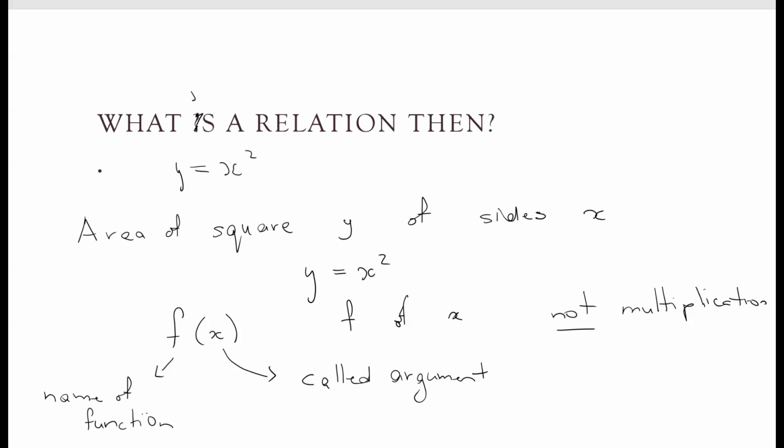Right, let's have a look at the argument in a little bit more detail. Okay, so we've got y equals x squared, or f of x equals x squared. At that stage we don't know what x is.